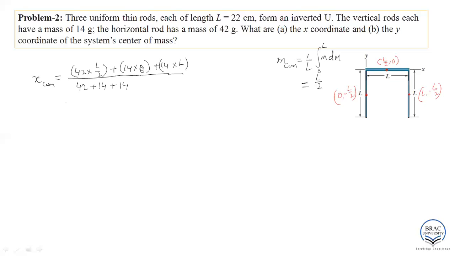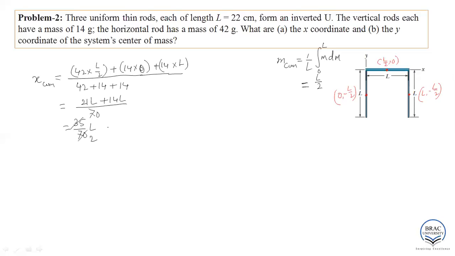So what do we get from this equation? We get 70 in the denominator, and in the numerator 21L plus 14L. That means 35 over 70 L, so here it is actually 2.